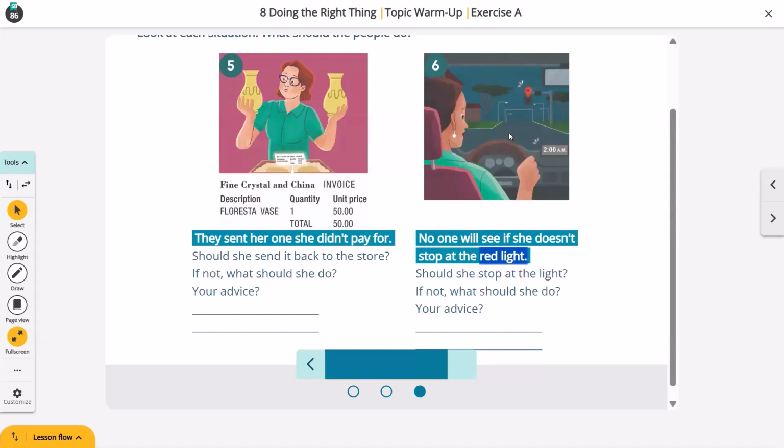So she is driving the car and look at the place. Nobody's here, like no one is going to pass. So in this case, it says no one will see if she doesn't stop at the red light. We know that at the red light, all the cars or drivers must stop. Why? Because that is the sign in order people can pass to the other street. All right? So that's a kind of sign that helps us.